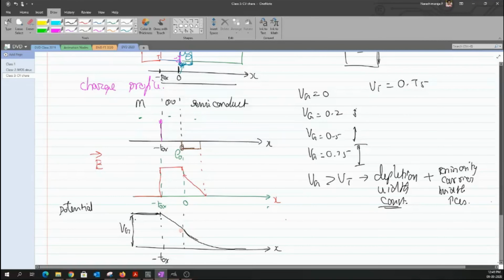I'm more concerned about this particular profile, and obviously this potential profile should go to 0 when I reach the end of my depletion layer. After that there is no potential drop because it's a pure conductor kind of thing that we can assume. Why? Because again the electric field in this semiconductor is also equal to 0, and due to which the voltage across this end is supposed to be the same as that of this end.